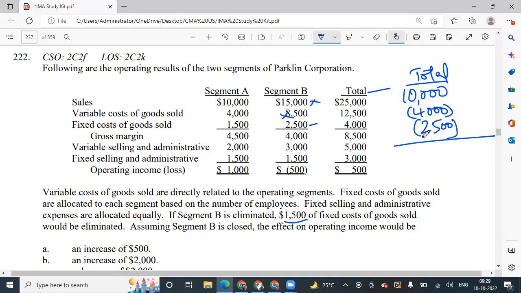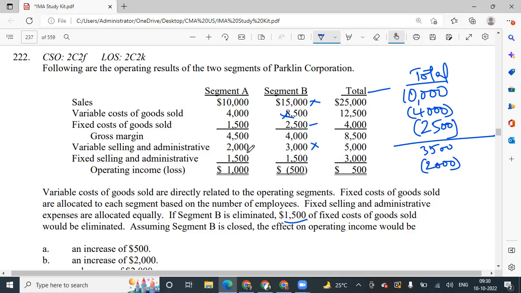What would be my gross margin? My gross margin will be 6 minus 2.5, 3,500. Now my gross margin is 3,500. Then my variable selling and administrative, this 3,000 is going to be eliminated, 2,000 here.